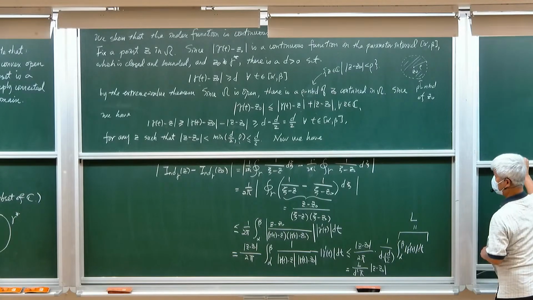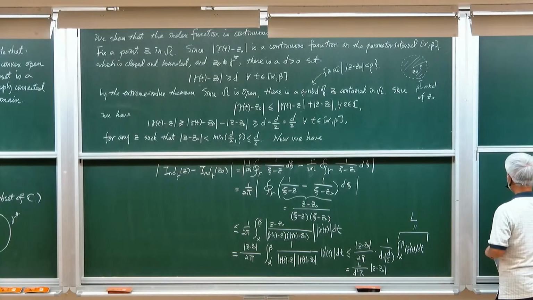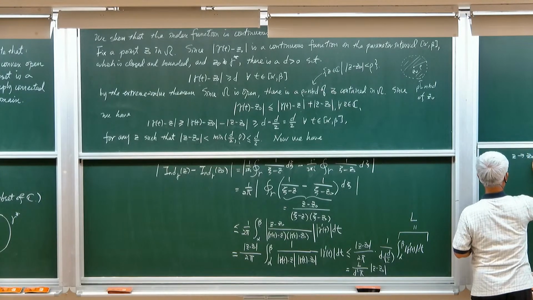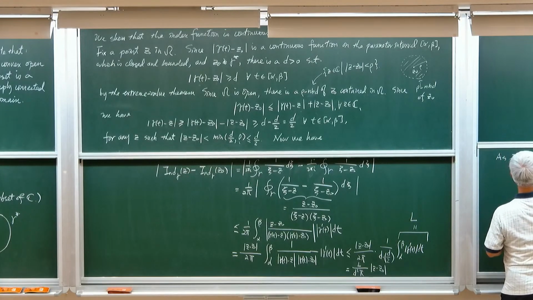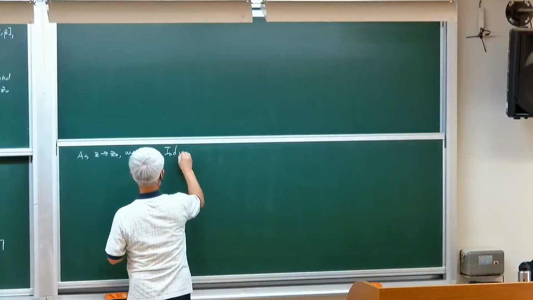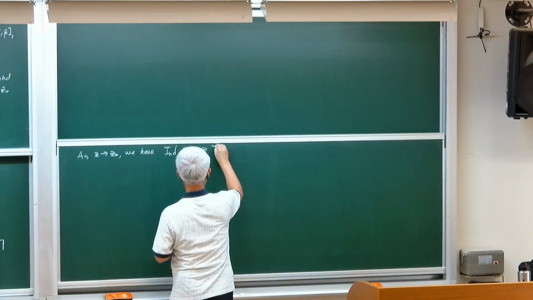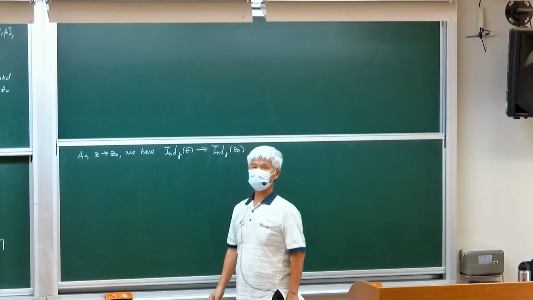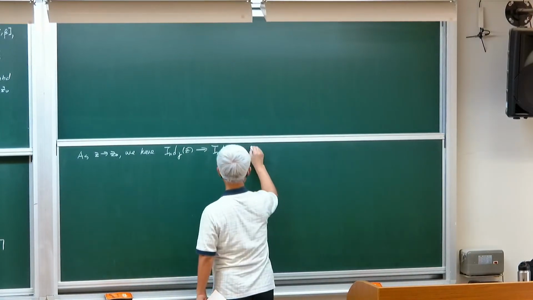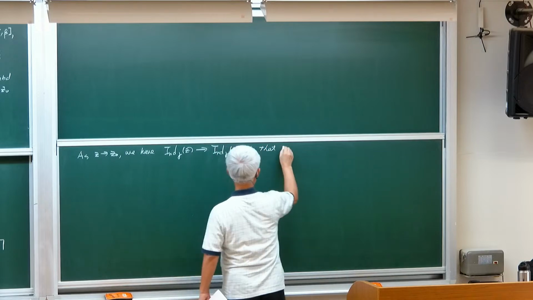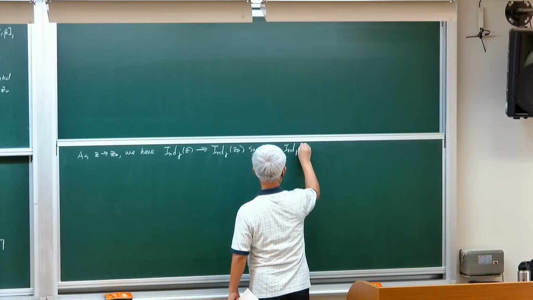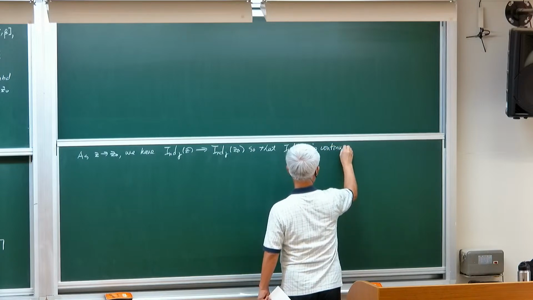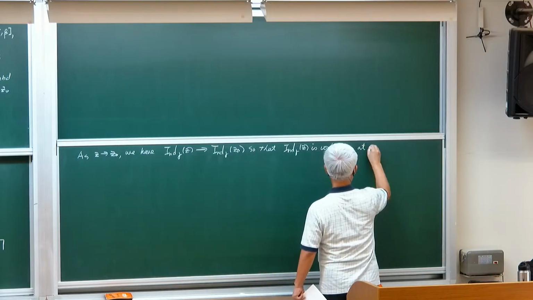As z goes to z0, the index of gamma at z goes to the index of gamma at z0, so the index function is continuous at z0.